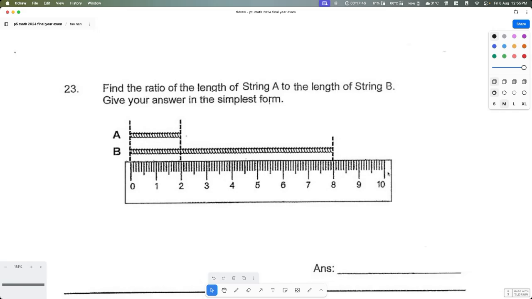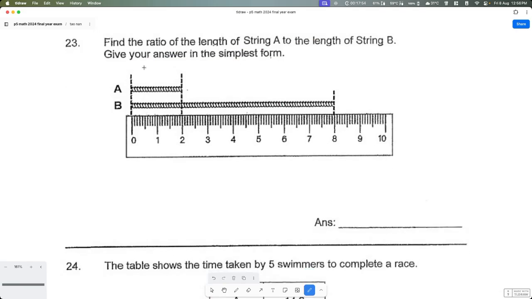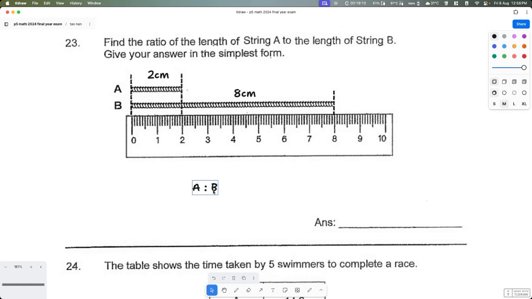Question 23. Find the ratio of the length of string A to the length of string B. Give your answer in the simplest form. For string A, we know that this one will be 2 centimeters. And for B, it is from 0 to 8, so this is 8 centimeters. So the ratio of A to B is 2 to 8, and then we can divide this by the common factor.